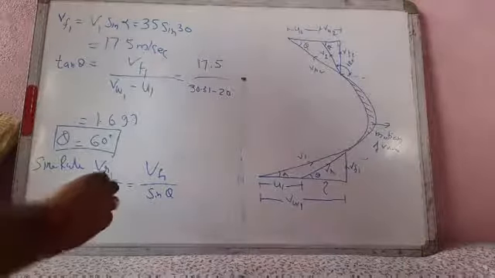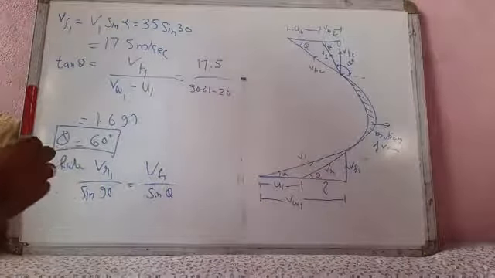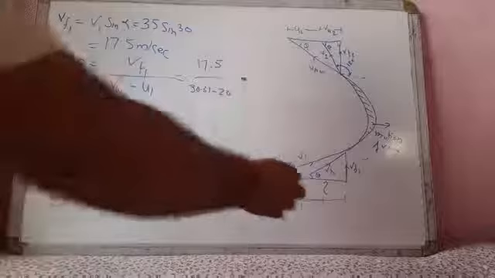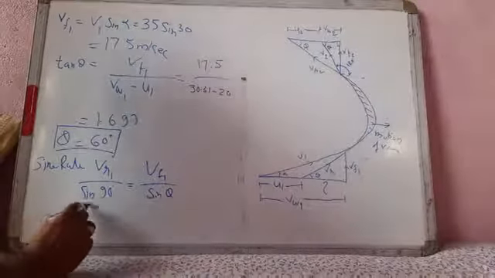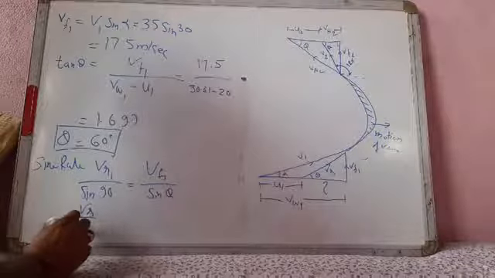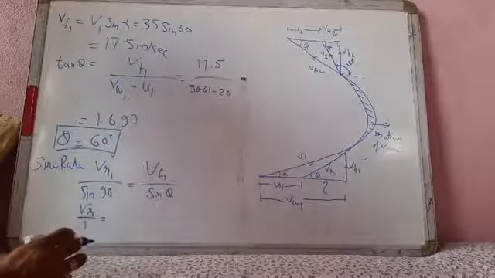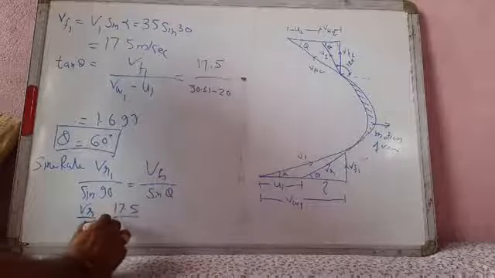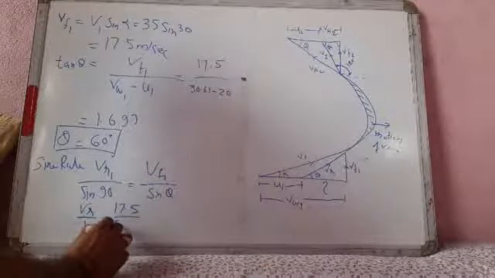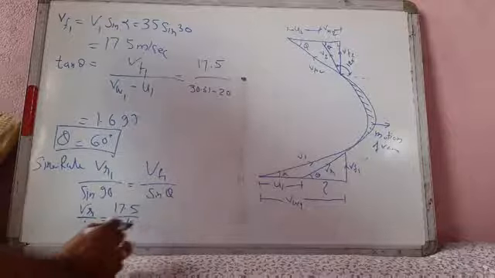The value of sine 90 is 1, so VR1 equals 17.5 by sine 60.